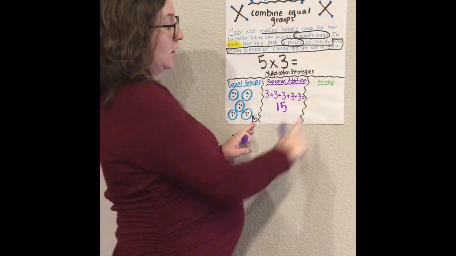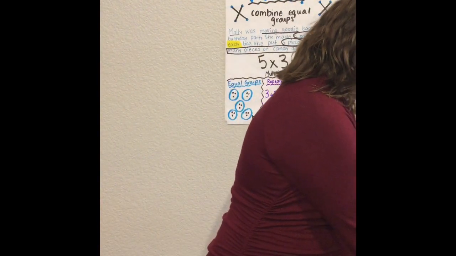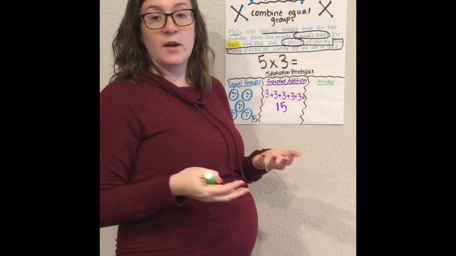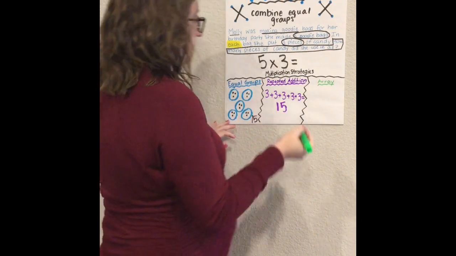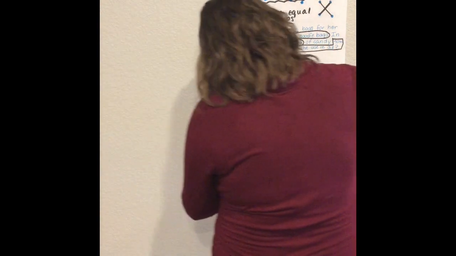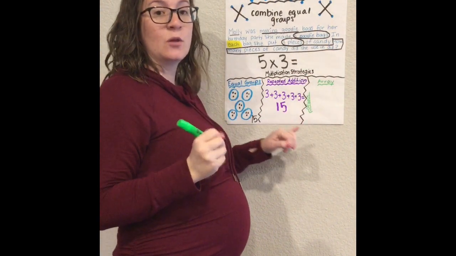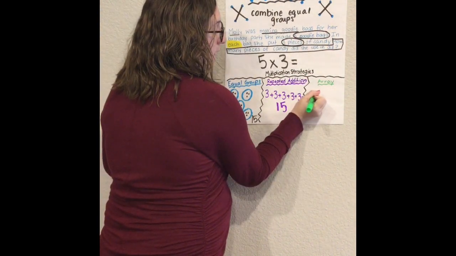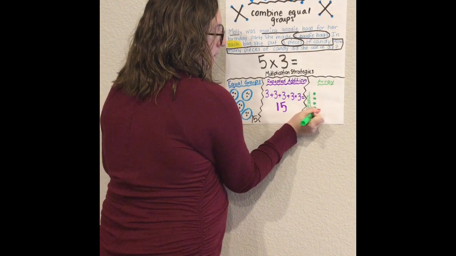But we're not done. We're also going to look at an array. An array is a quick and easy way by using rows and columns. So what we're going to do is we're going to first build our columns. When we build our columns, that's how many groups we have. 1, 2, 3, 4, 5.